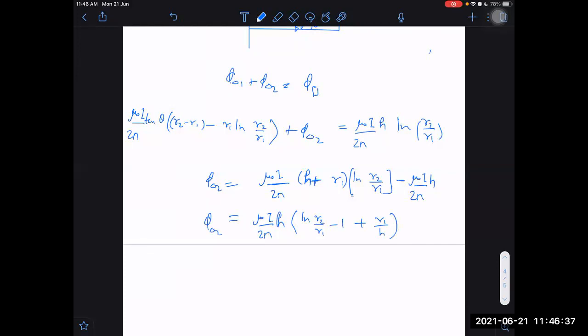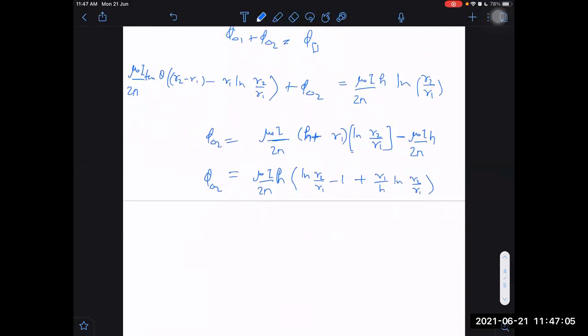Sir, is it wrong here? No, sir, correct. Then plus R1 by h into ln of R2 by R1, right? Yes, sir. That only.